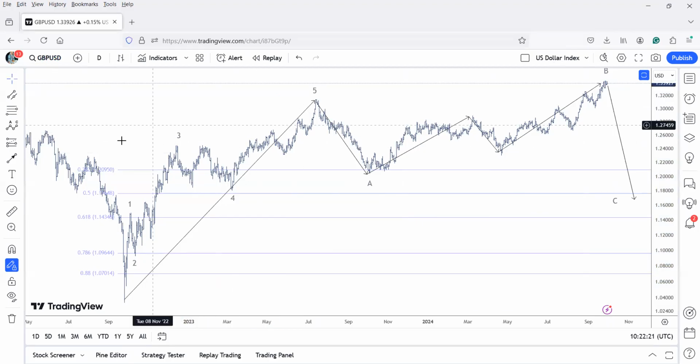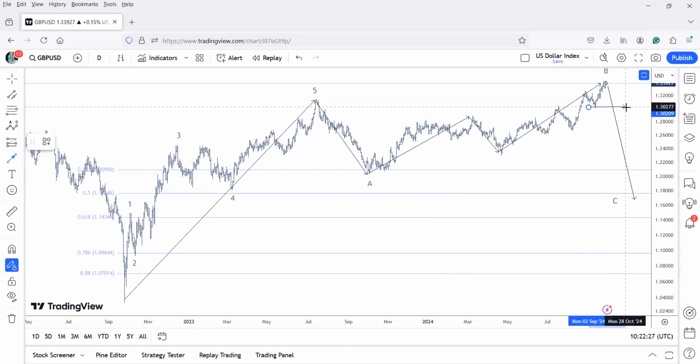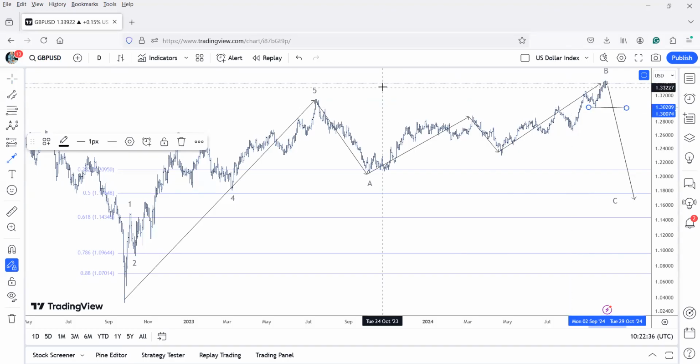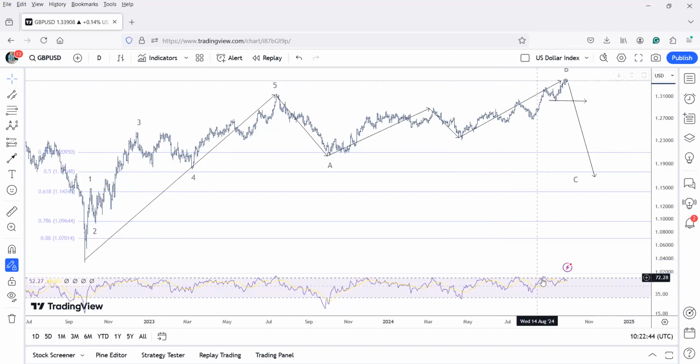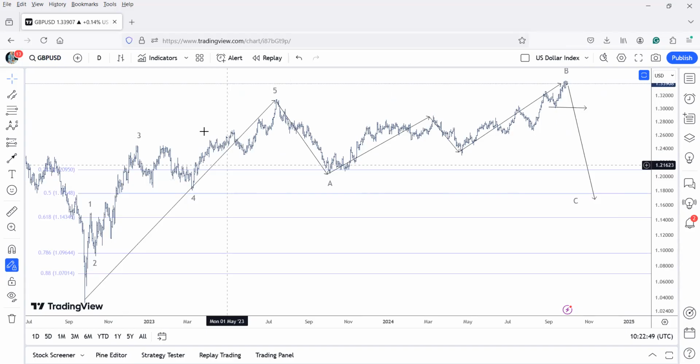Right now, for this count to correct, we need to see a break below that zone, which is coming around 1.30, 300 points lower from here. Once again, what might be driving the case is the bearish divergence from the other side.